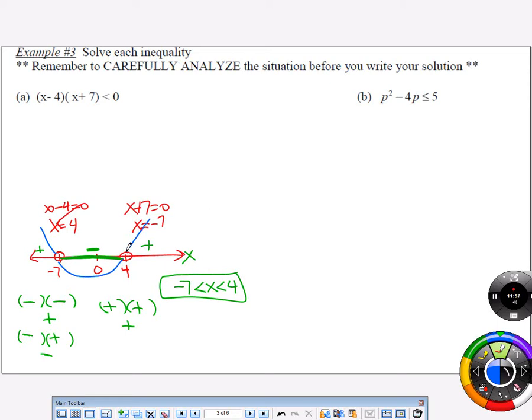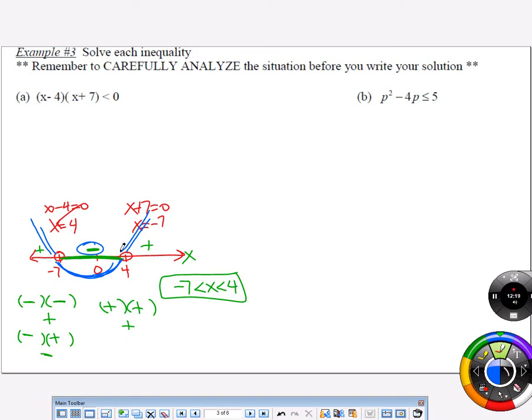Correct? Notice that between negative 7 and positive 4, the graph is down here below the x-axis, which means what kind of y values do all these points have? Negative. Okay. But over here and over here, the graph is above the x-axis.